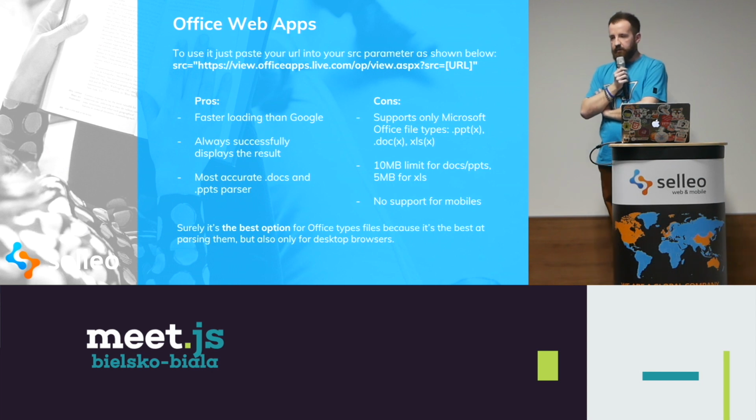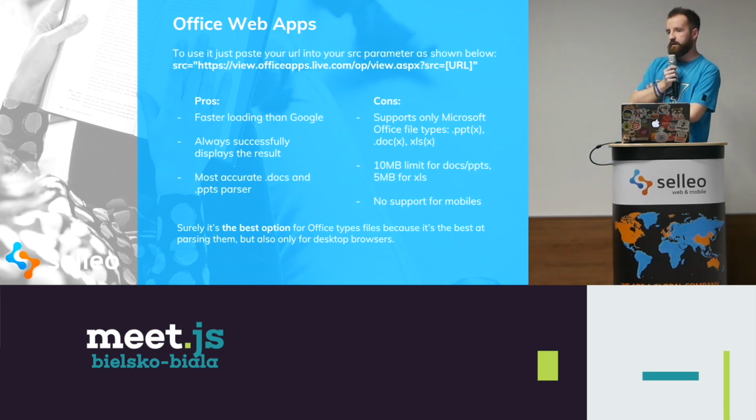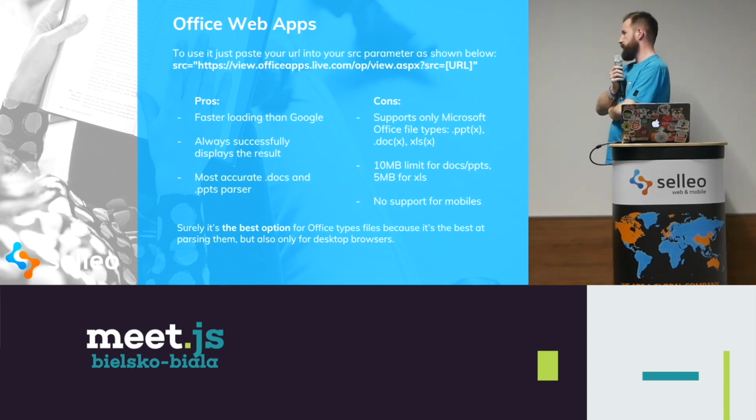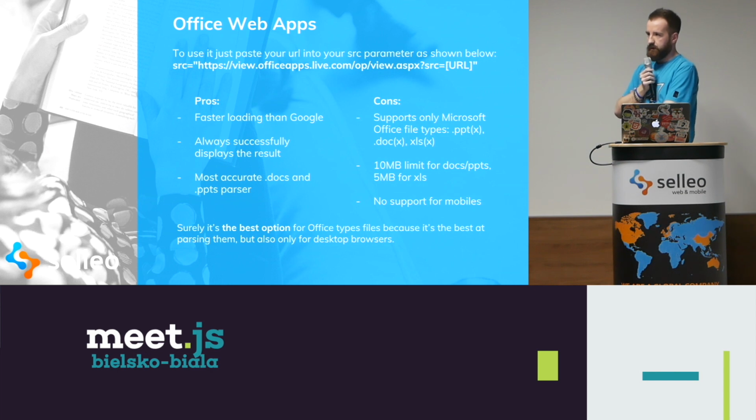And not being supported on mobiles basically means it might throw errors there. For some of them, it's not even responsive below 700 pixels, so I think it's useless for mobiles. But surely it's the best option for Office file types on desktops, because it's the best at parsing them, at least.